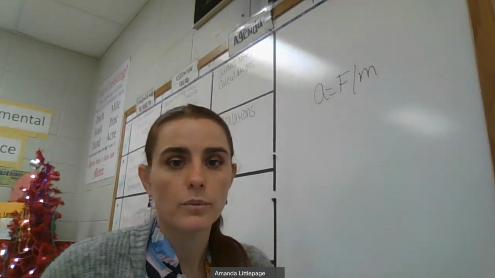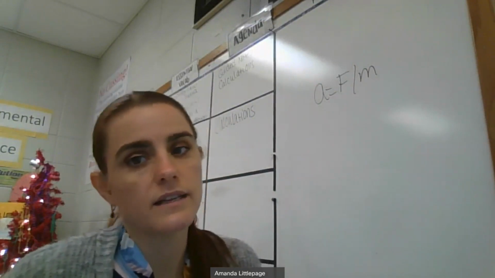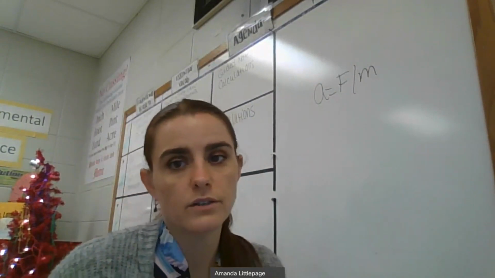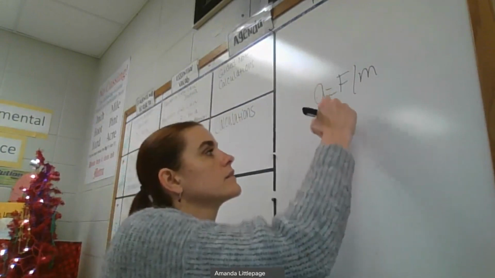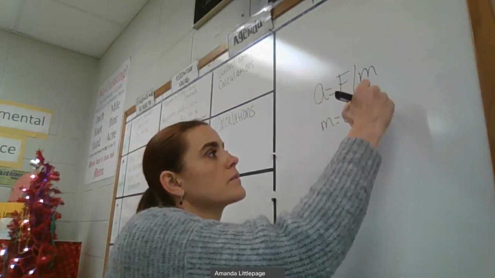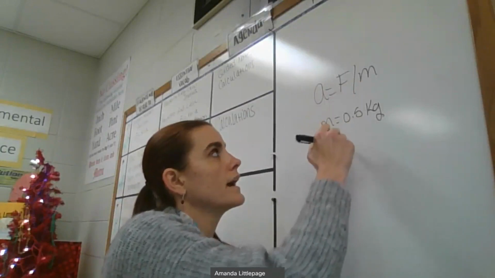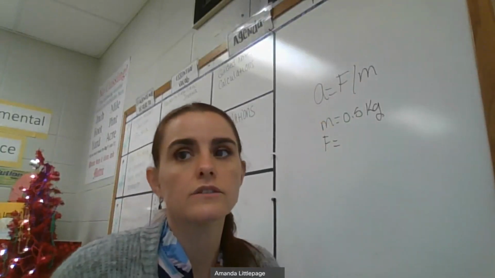If we take a look at our problem for number 6, it tells us that the mass of this particular object is 0.5 kilograms, and the force acting on the object is 25 newtons.